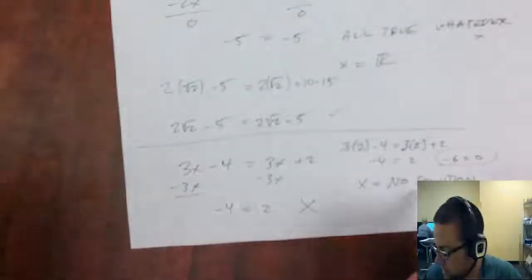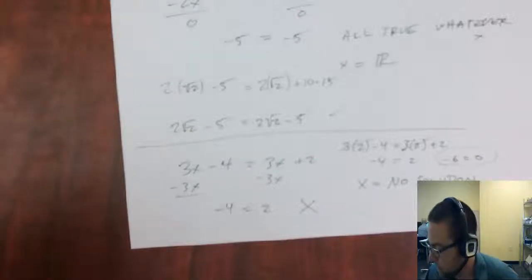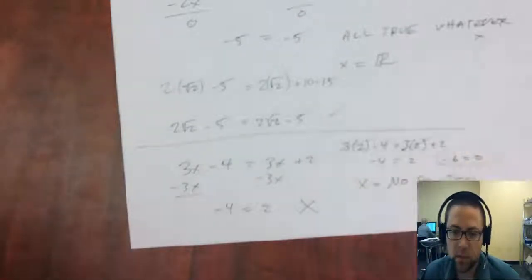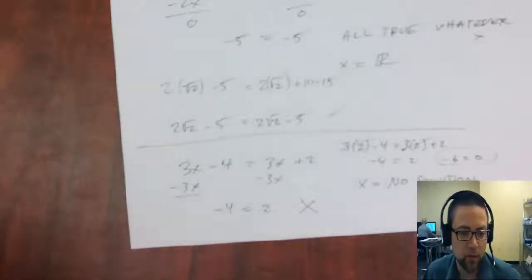And let's say I take out the 2 too, so I subtract 2 from both sides, so I get negative 6 equals 0. Well, negative 6 is not equal to 0, so this is never going to be a solution. Okay, so that's just an example using the variables and numerical solutions.